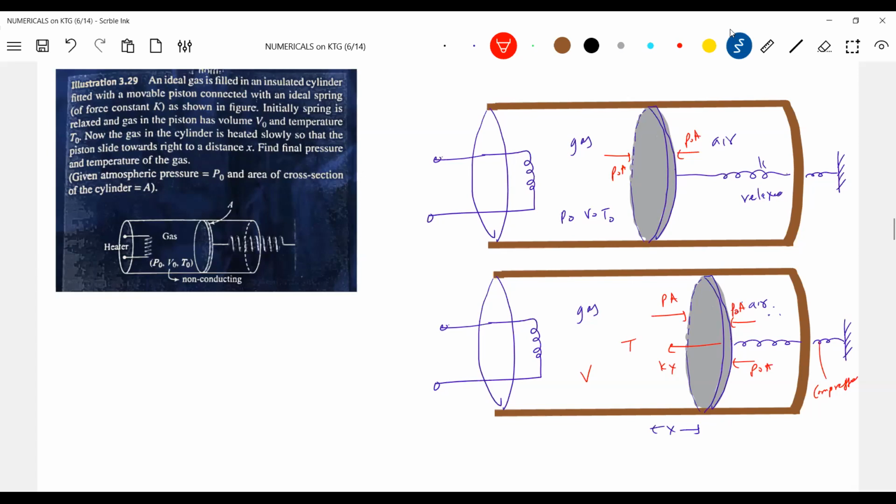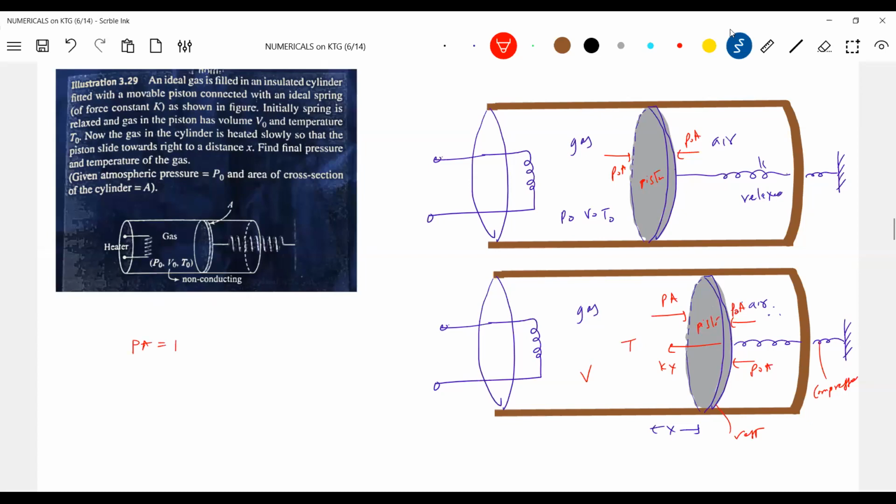Looking at the second diagram, this is a piston. It's at rest. What equations can you write?